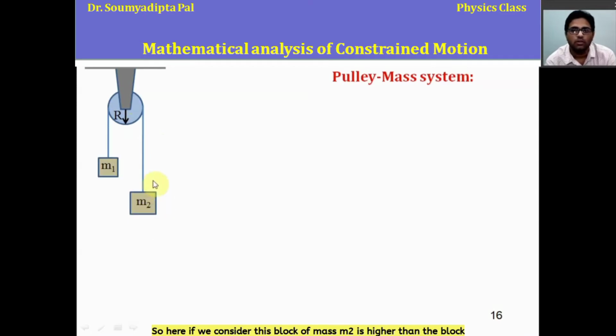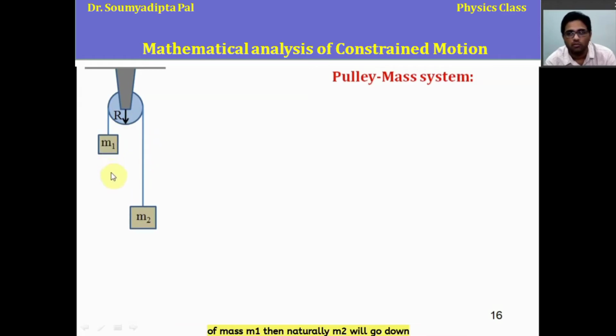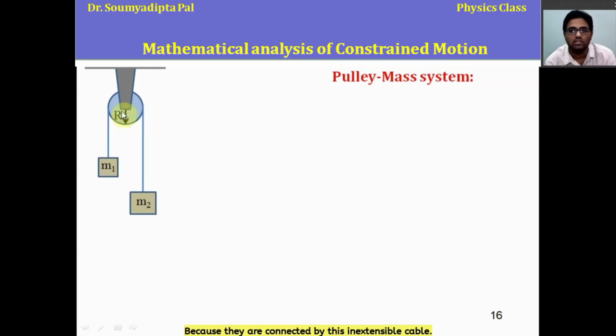If we consider the block of mass m2 is heavier than the block of mass m1, then naturally m2 will go down and m1 will go up with the same acceleration because they are connected by this inextensible cable. So the motion of m1 and m2 is constrained or restricted, right?